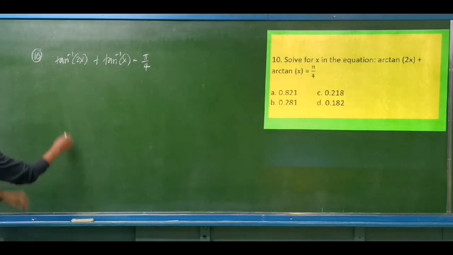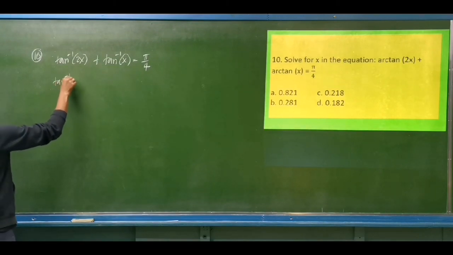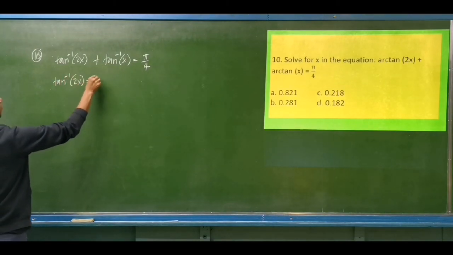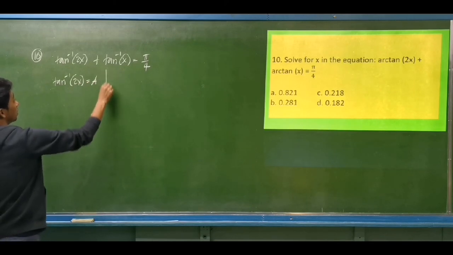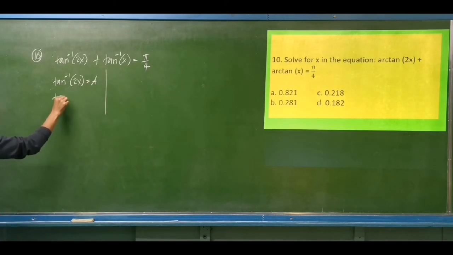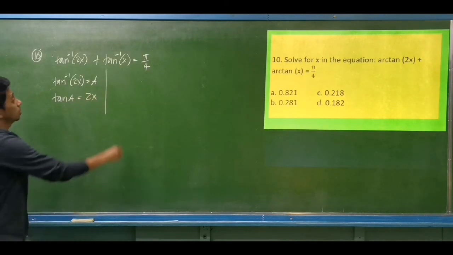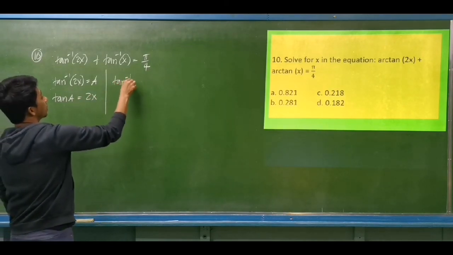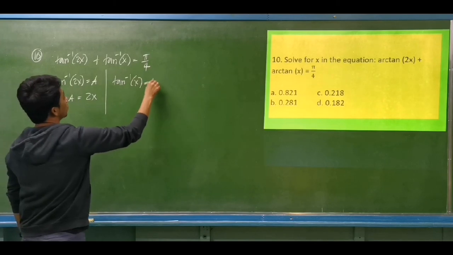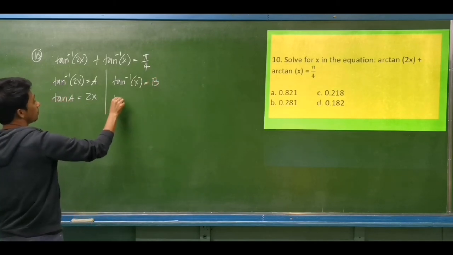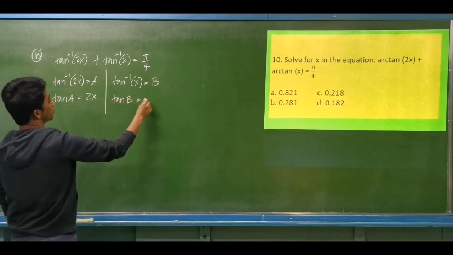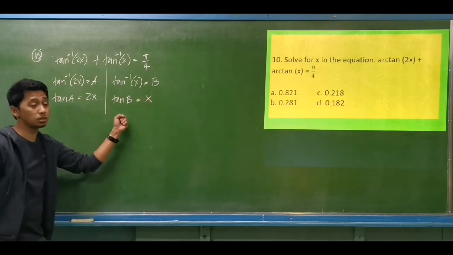So, mag-introduce ulit ako. This is shift tangent of 2x equal to, let's say, angle A. So, kung ibabalik ko sa normal form, tangent of A is equal to 2x. Then we have shift tangent of x is equal to angle B. So, we have the tangent of angle B is equal to x.